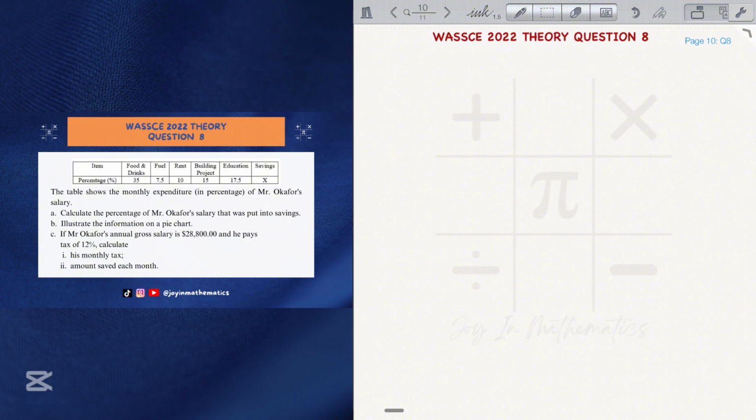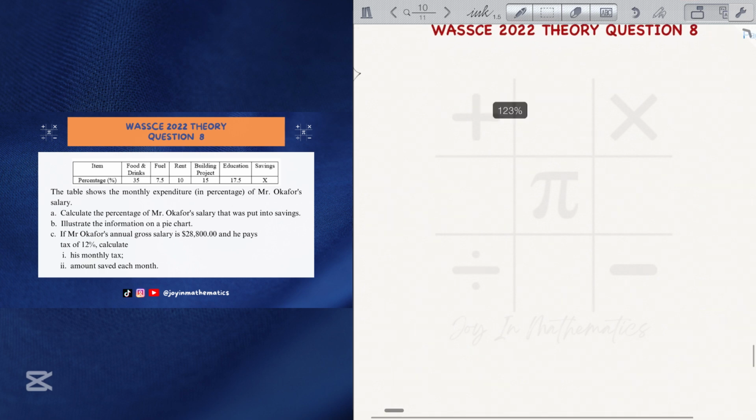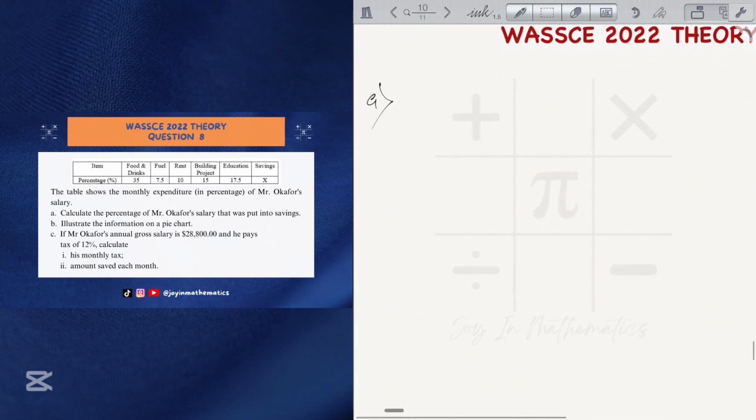So let's begin with A. It says we should calculate the percentage of Mr. Okafor's salary that was put into savings. If we look closely, all the percentages of food and drinks, fuel, rent, building project, education, and savings should equal 100.